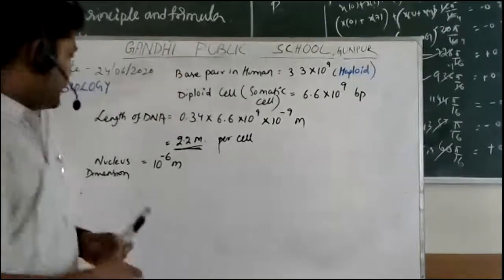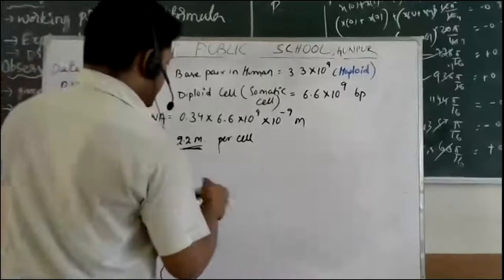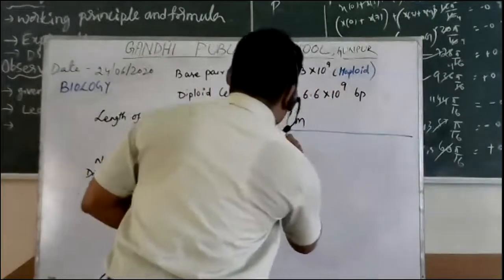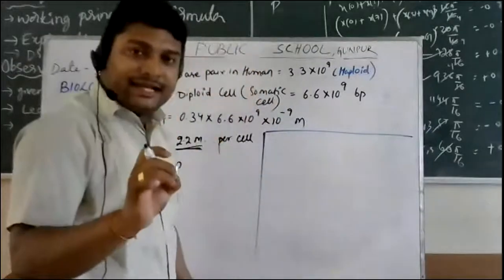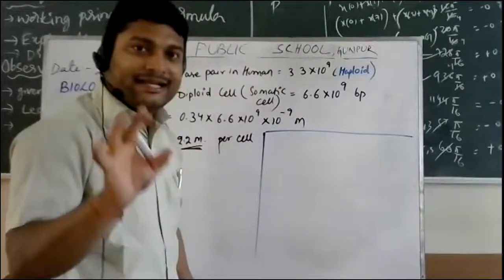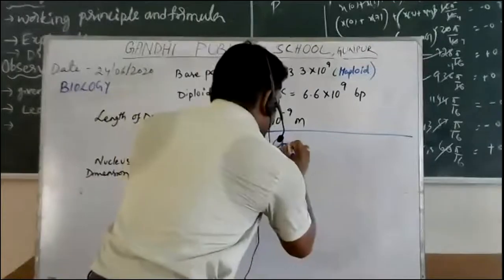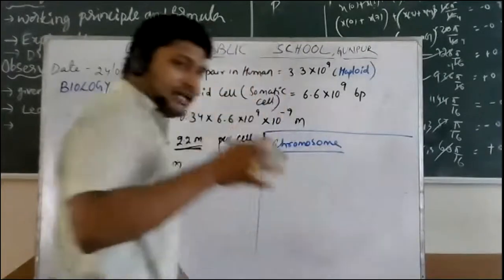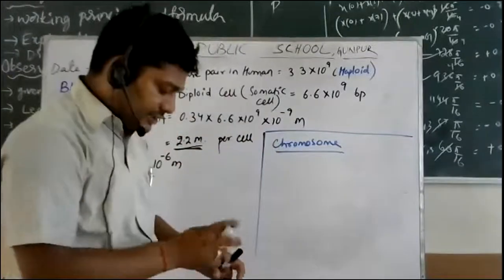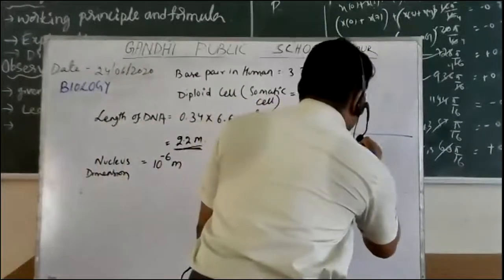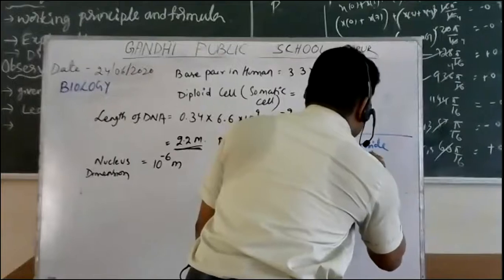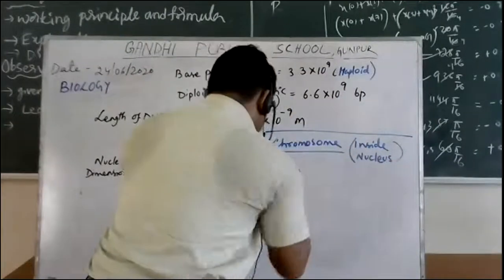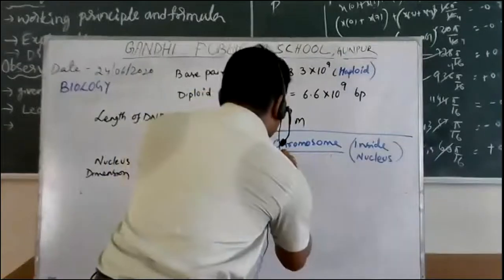The first thing you have to understand here is that the DNA is packaged in the form of, as we all know, chromosome. What we have inside the nucleus of the cell is chromosome.